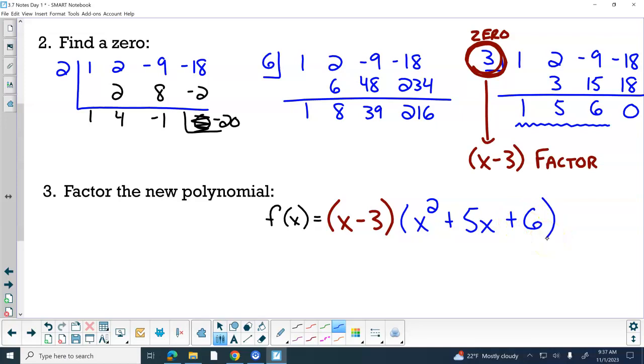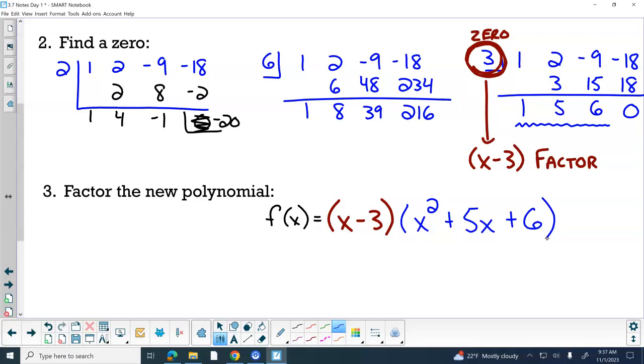Can x squared plus 5x plus 6 be factored to what?